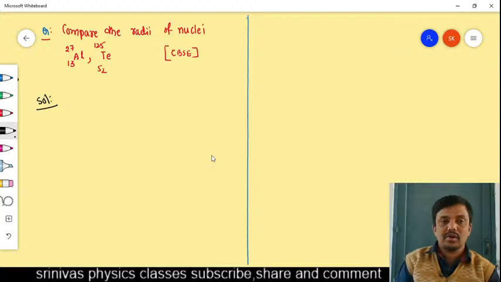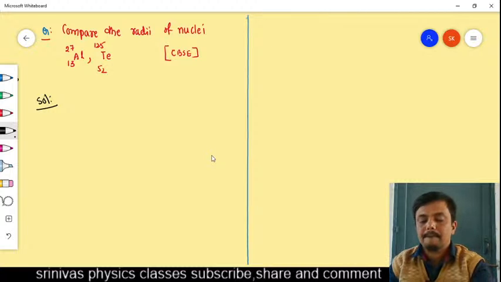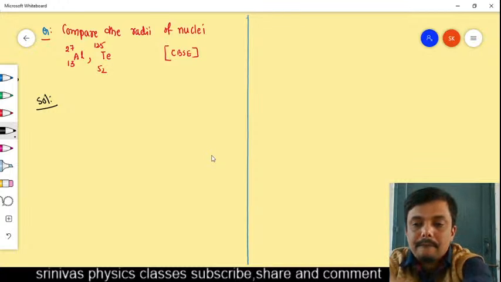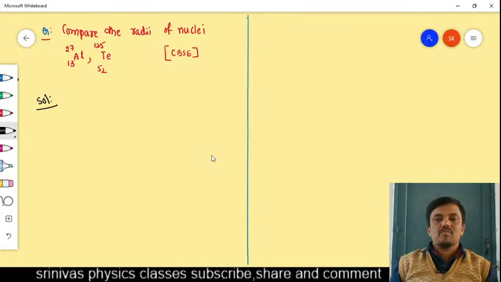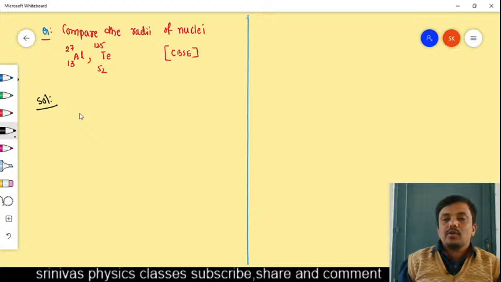Compare the radii of nuclei. Do you know the formula for the radius of the nucleus? Size of the nucleus is nothing but radius of nucleus only. No one is giving. I am not getting any answer.